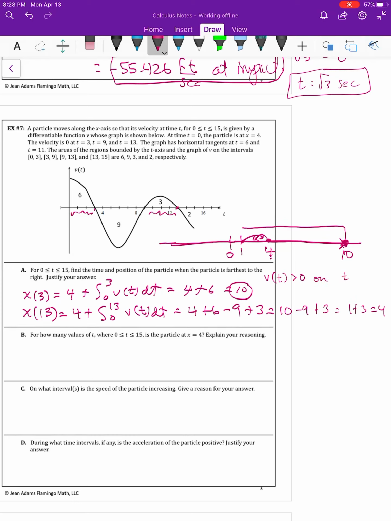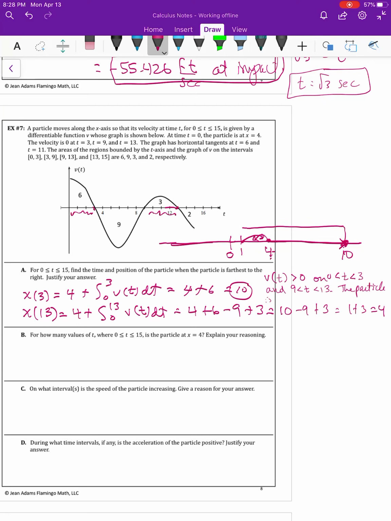So, when it says justify, I said v of t is greater than 0 on the interval from 0 to 3 and the interval from 9 to 13.